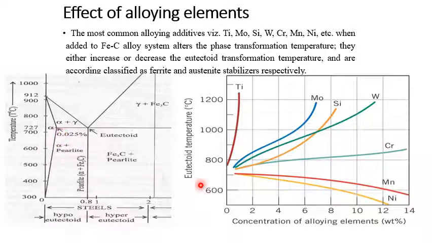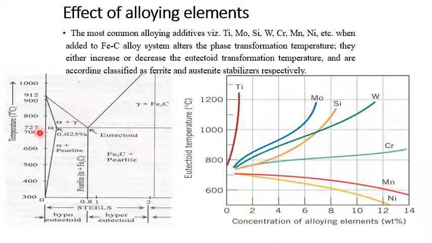We have taken the y-axis as the eutectoid temperature, and on the x-axis the concentration of alloying elements in weight percentage. Whenever we have these elements, they change the temperature at which the eutectoid reaction takes place.